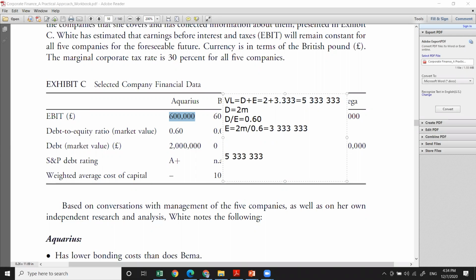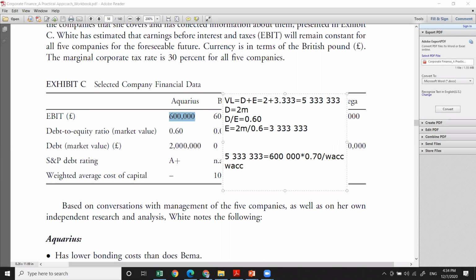So 5.333 equals EBIT, which is 600,000, adjusted to the tax, and divided by WACC. Now we can rearrange the formula to get the WACC.